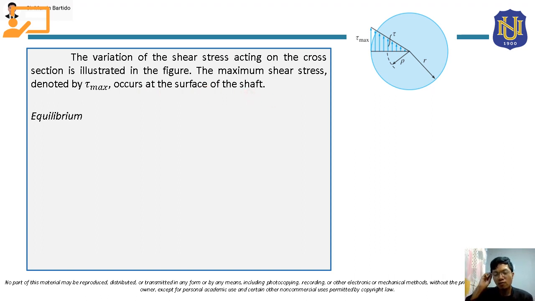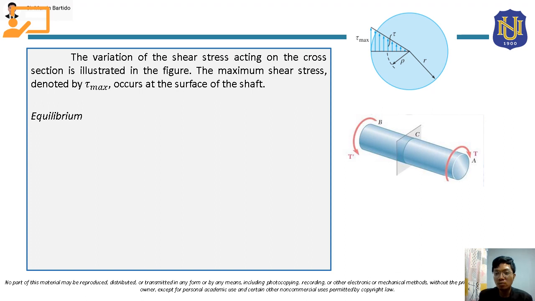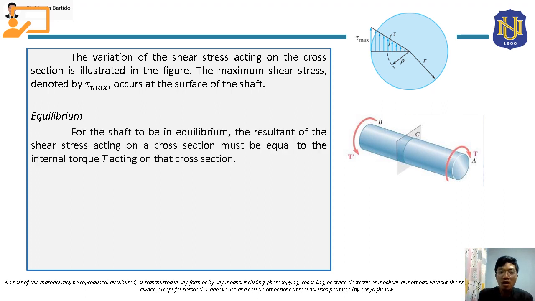Now for a shaft to be in equilibrium, let's say for this shaft there is an applied torque T here, and there will be a reaction torque T prime here. For this shaft to be in equilibrium, let's say we take a section here and consider this segment.